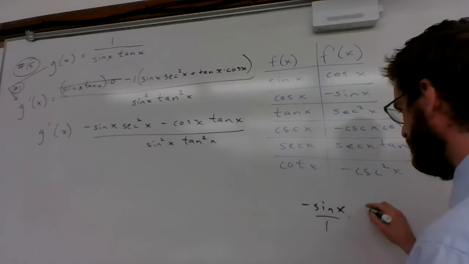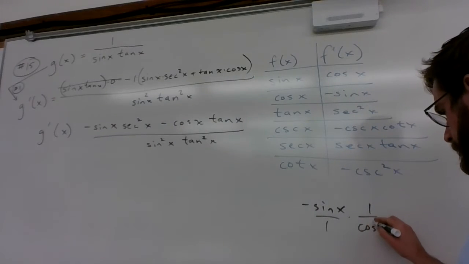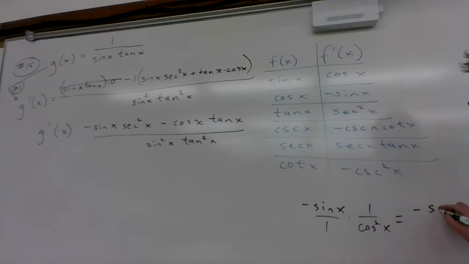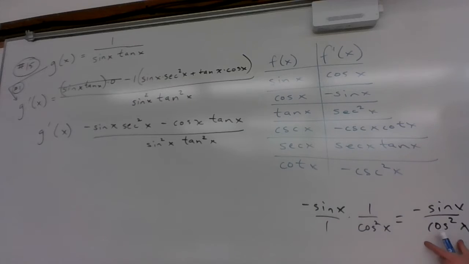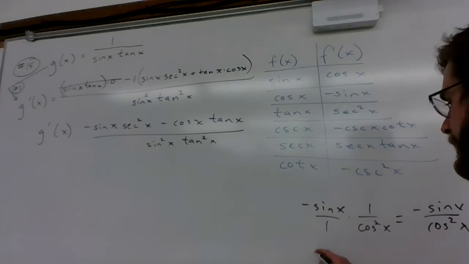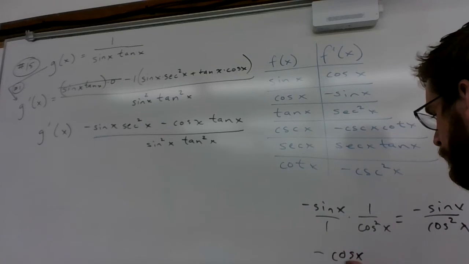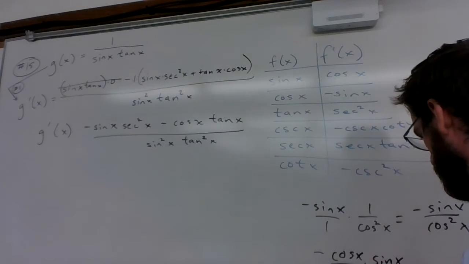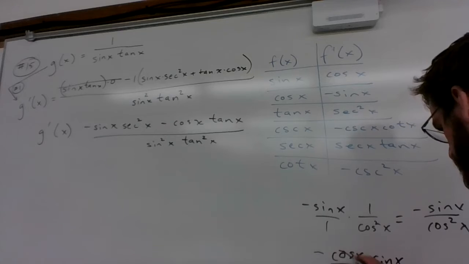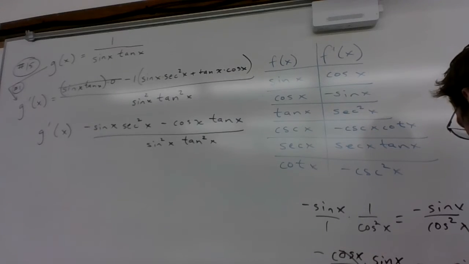If I turned everybody into sines and cosines, I'd get negative sine of x over cosine squared of x for this part. For the second part, I'd get minus cosine of x over 1 times sine over cosine. So those cancel: negative sine of x.